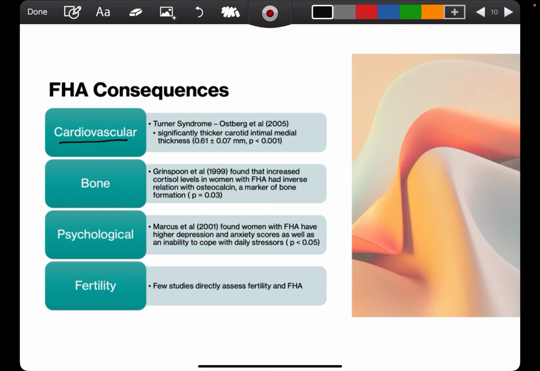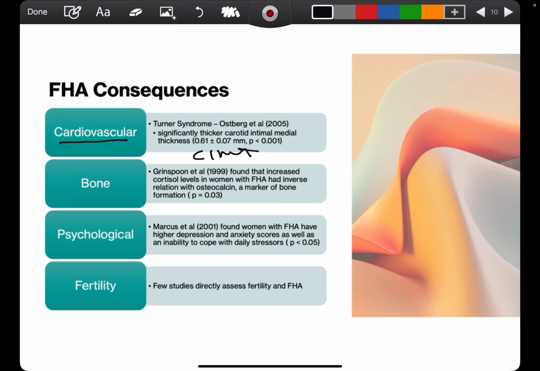Essentially, what Osberg et al. saw was that individuals with Turner syndrome and ovarian deficiency had significantly thicker carotid intimal medial thickness, or CIMT. And this is just a clinical diagnosis for atherosclerosis.